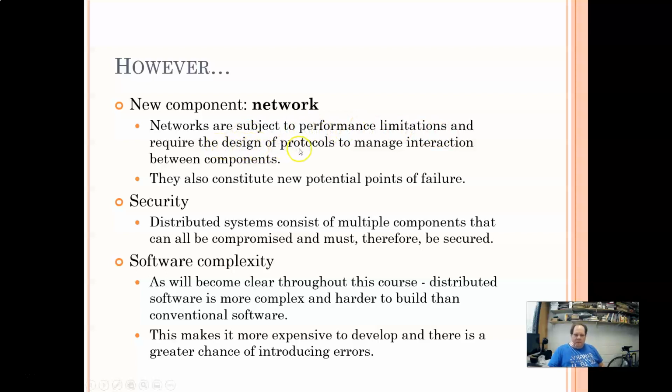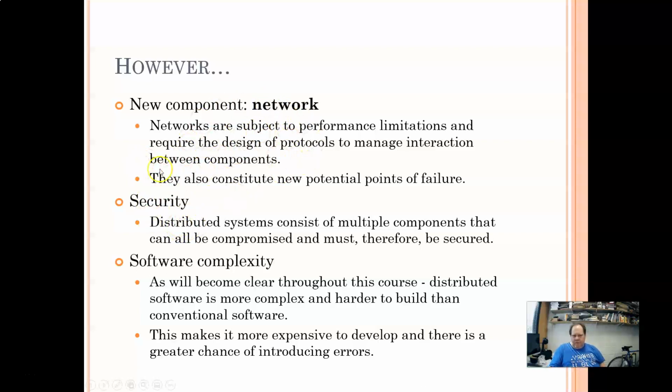They require the design of protocols to manage the interaction between the components. As a result, they introduce potential new points of failure. So not only can the application fail, the network can fail. When we design distributed systems, we have to design them so that they can survive not only the failure of a node, but also the failure of parts of the network. And this is the CAP theorem, or Brewer's theorem, which I'll talk about a little bit later.